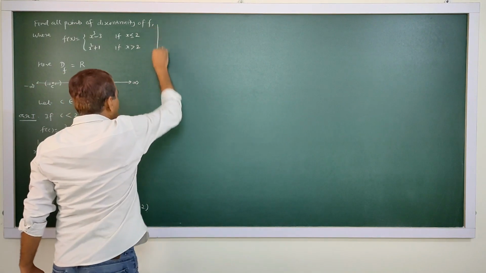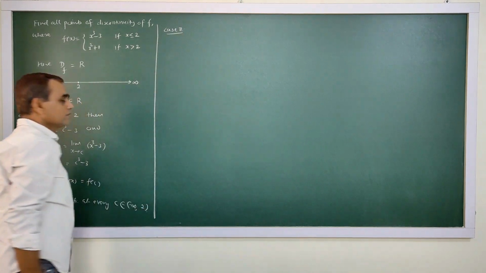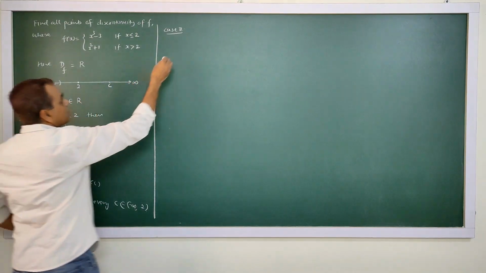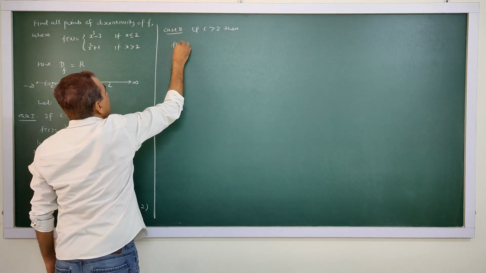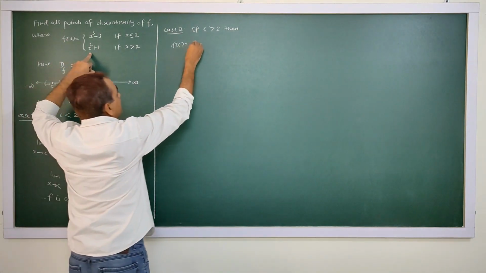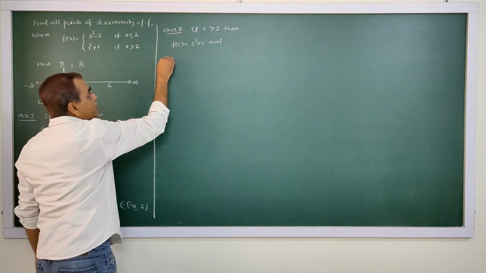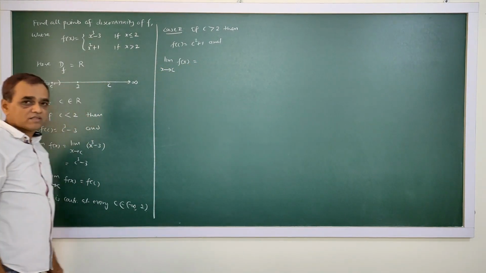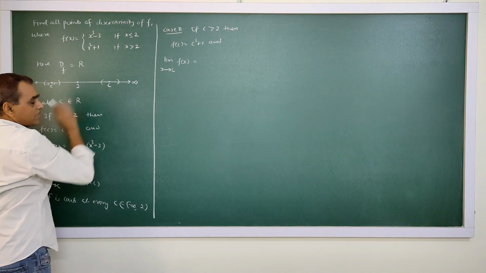Now case 2. If c is more than 2, this side. If c is more than 2, then f of c is c square plus 1. And now we find the limit of f(x) as x tends to c. X tends to c, that means x will be in this interval.